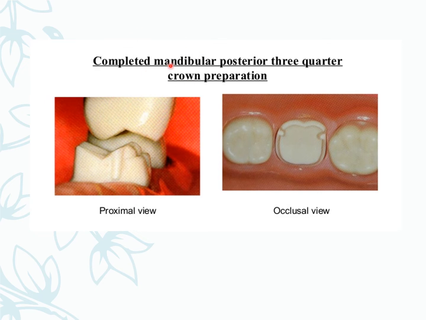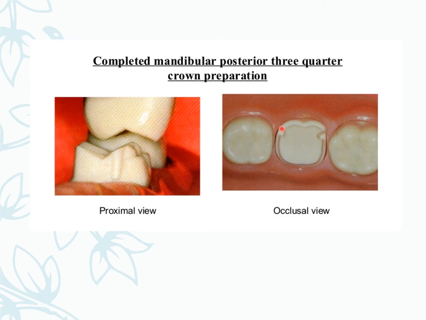So this is a completed mandibular posterior three-quarter crown preparation. You can see that you have left the buccal surface intact, and only the occlusal surface and the occlusal edge have been prepared, together with all of the other margins.